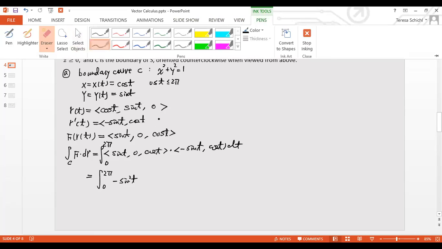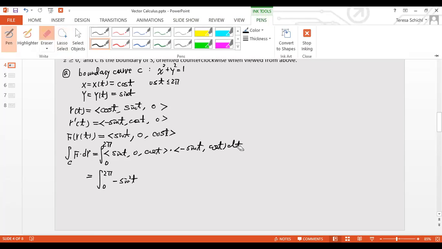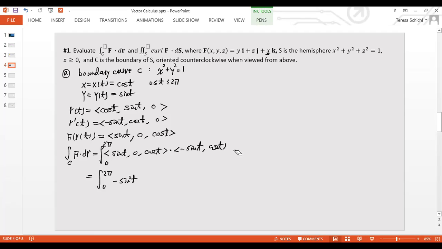So now this is equal to 0, much better. I need to be careful when I do these things. So this is cosine t, then 0, then dt. So the sine squared times 0 is 0, so it's a negative sine squared t.